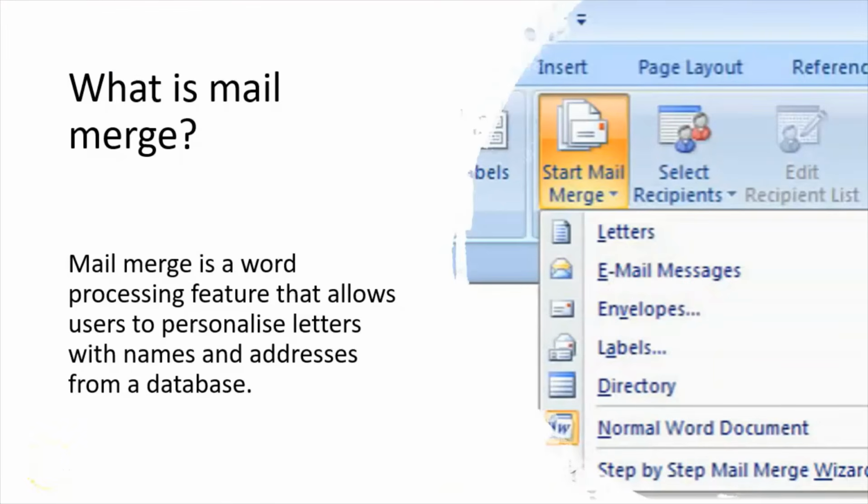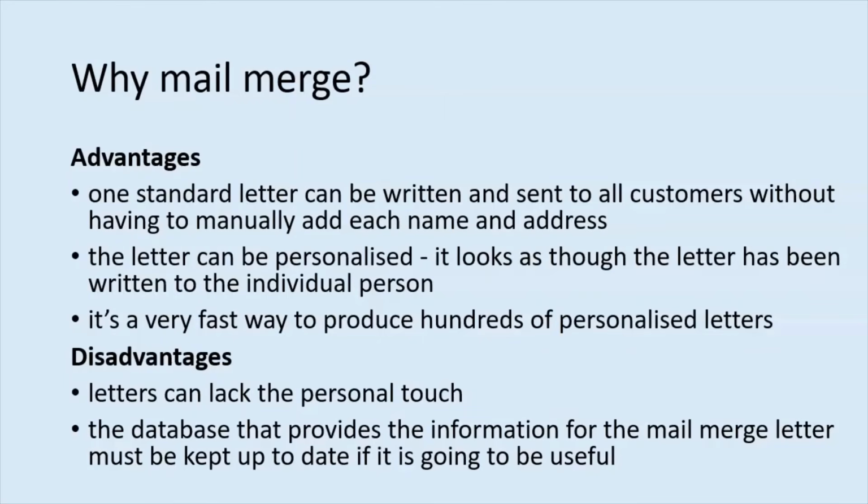Now in this final part of the video, we're going to look at mail merge. Mail merge is a word processing feature that allows you to send personalised letters to several hundred people if you want them to. And why do we do that? Because it's a lot easier than manually writing out "dear" and then the person's name, maybe hundreds or even thousands of times.